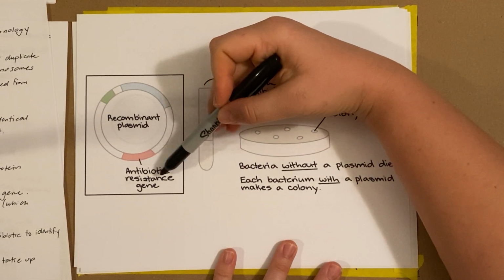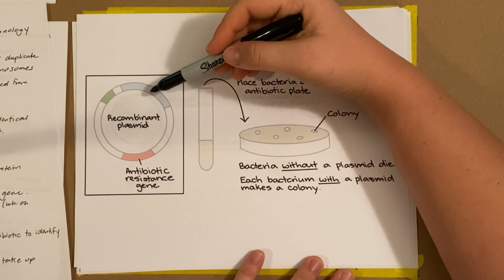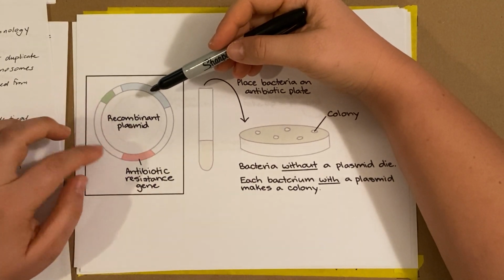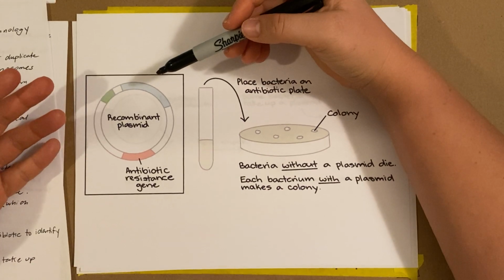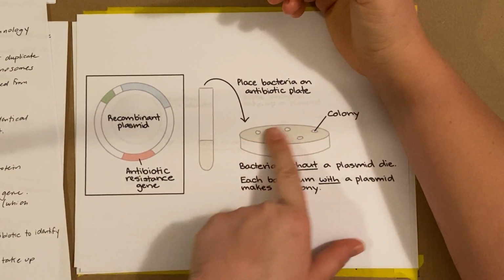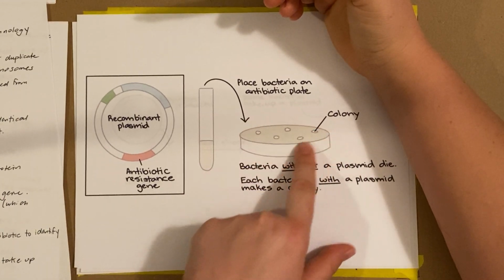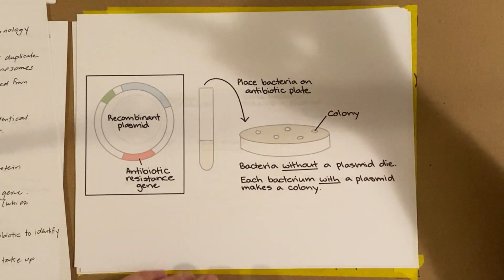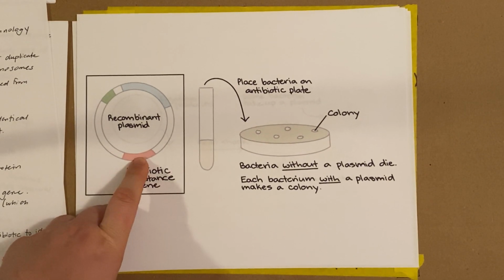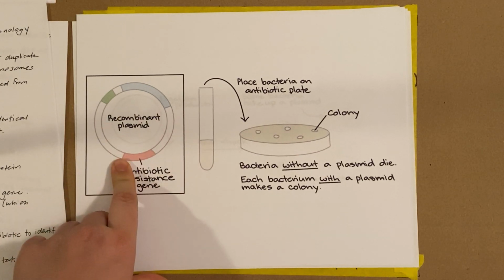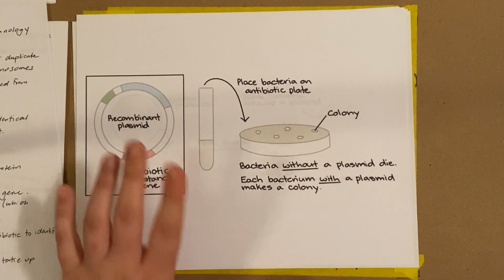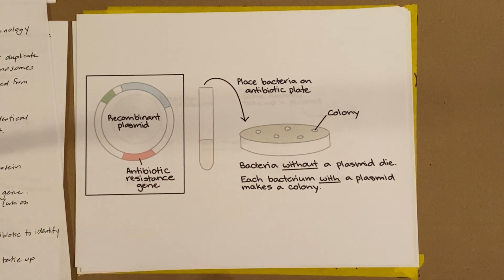So when they have the bacteria, they've done this process of trying to insert the plasmid into the bacteria, they can then put the bacteria on a plate with growth media, but they also can treat the plate with antibiotics. And so only the bacteria that have the actual plasmid inside of them will be able to survive, okay? Because that antibiotic will then kill the rest of the bacteria.